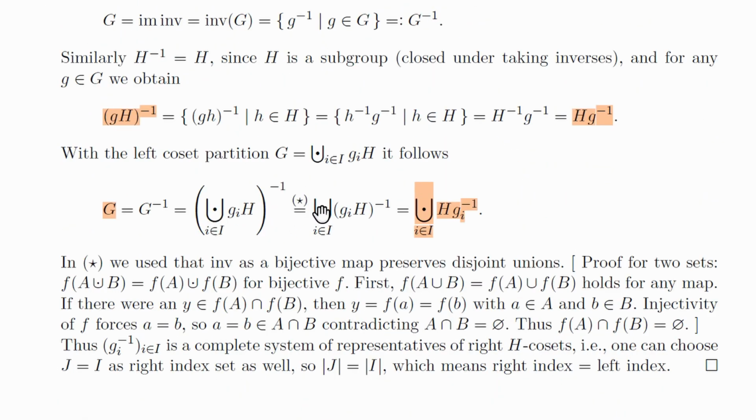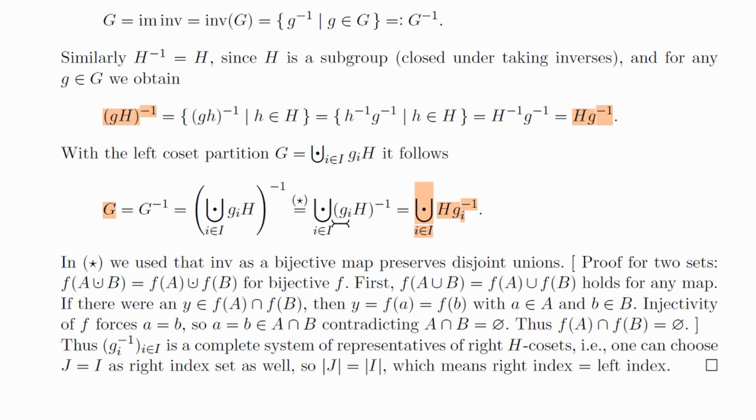So for the final missing piece, we use that inversion as a bijective map preserves disjoint unions. Let's prove this for two sets. This is enough; the idea for any number of sets is the same. If f is bijective, then the claim is that f of the disjoint union of two sets A and B is the disjoint union of f of A with f of B. This is exactly what we have here, where our map f is inversion.